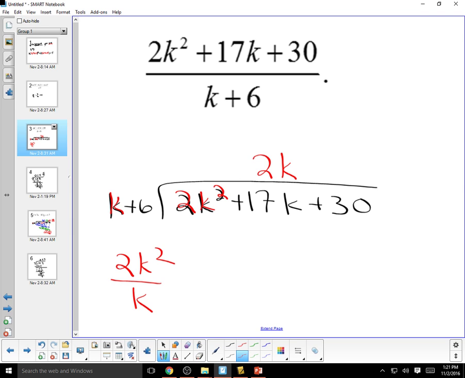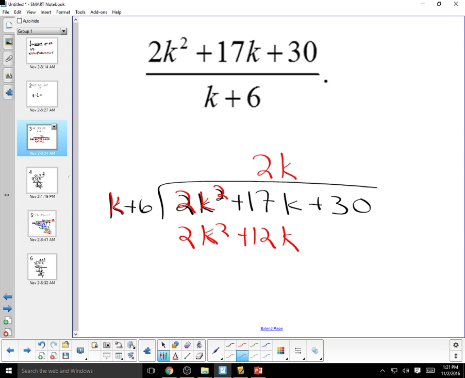Everyone good there? And then at that point we multiply. Here all of it's fair game. So it's going to go 2k squared. 2k times 6 is a positive 12k. What's the next step?